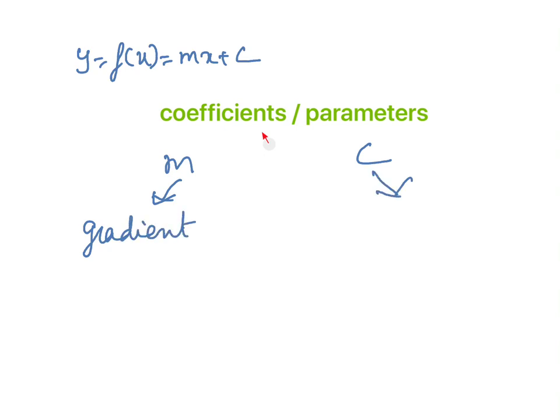And c is also known as the y-intercept or a constant. There are different names for m and for c, apart from coefficient and parameters, depending upon the context. But now we understand that m is a gradient and c is a y-intercept.